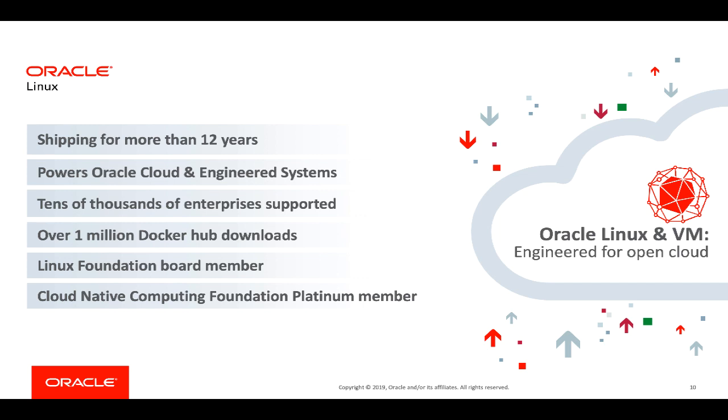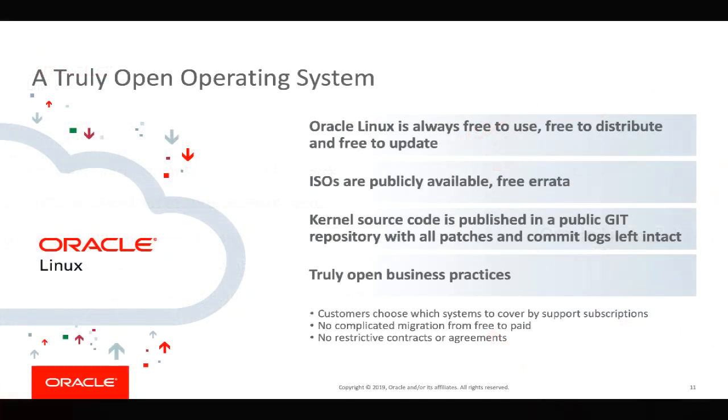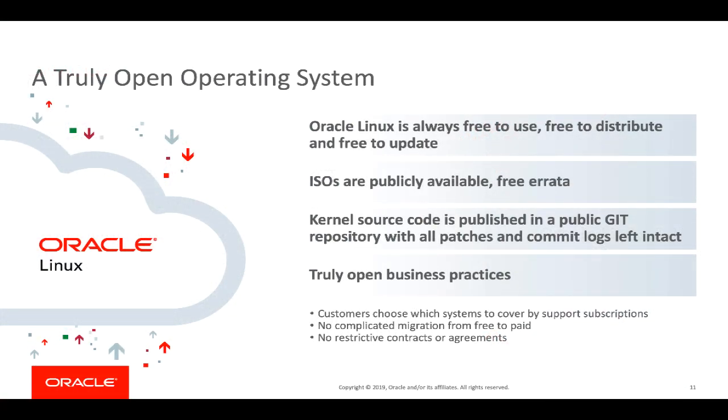But the important thing is that everyone can freely download Oracle Linux and can deploy and distribute it without hidden costs. Oracle Linux is truly open source. Like other Linux distributions, Oracle Linux is based on the GPL license, but we go beyond what you may get from other popular enterprise Linux distributions.